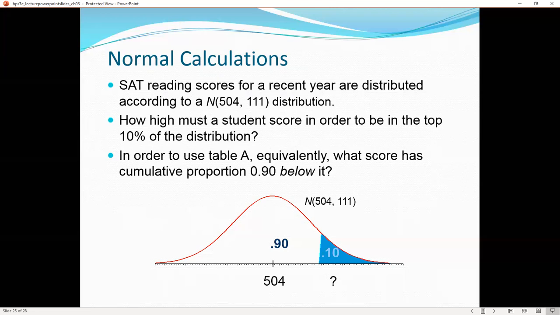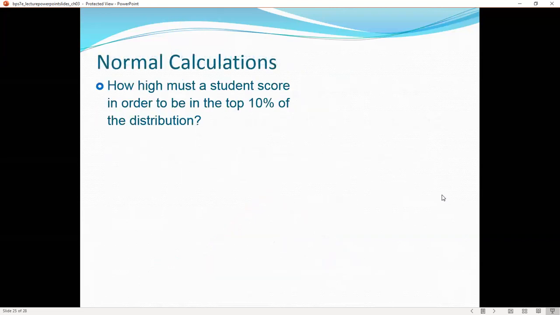In order to use Table A, equivalently, what score has cumulative proportion 0.90 below it? So we've drawn ourselves a standard normal curve and we've shaded the area that we're looking for. And that's what we're asking ourselves right now.